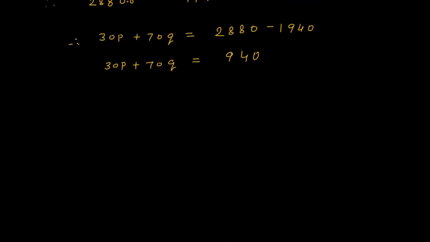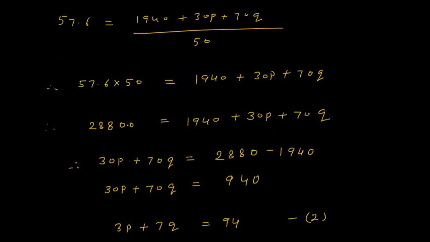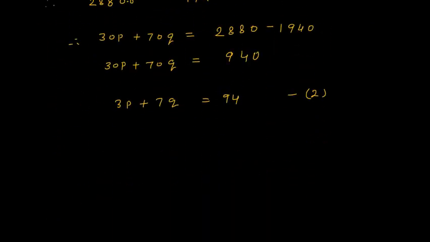We can divide everything by 10. So here we get 3P plus 7Q is equal to 94. This we treat as equation 2. So our equation 1 is P plus Q is equal to 18, and equation 2 is 3P plus 7Q equal to 94.